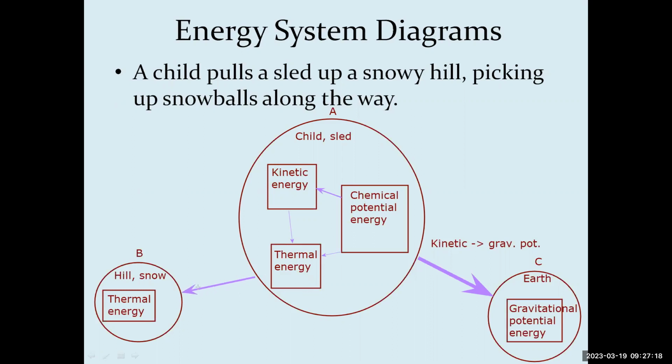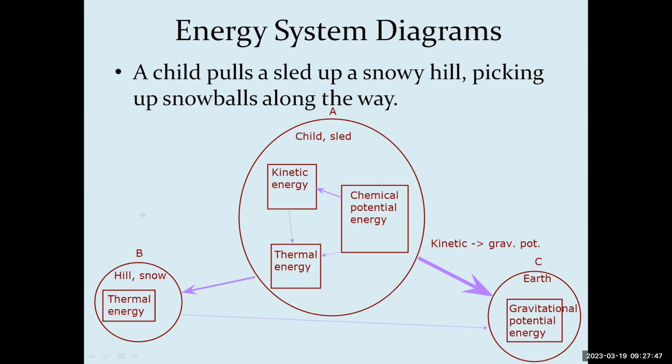So now I've got a transfer of energy from the child to the snowballs. And it's also possible here that I have, because the snow is also going to change elevation, I'll get farther away from the surface of the earth. I might have a little tiny transfer of energy from the snowballs to the gravitational potential energy of the earth.